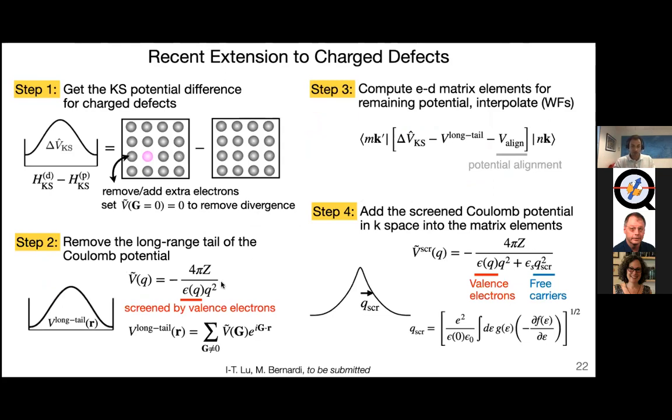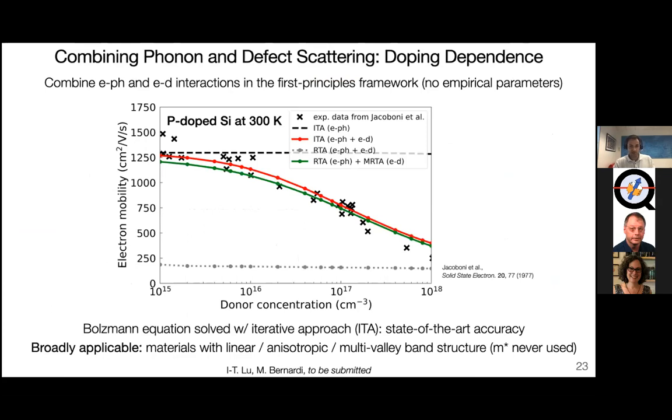So now we can include this Fröhlich-like coupling, including the random phase approximation screening in the material. And now it's possible for us to compute the effect of ionized dopants. So these are charged defects, which are the common source of scattering in heavily doped materials at room temperature.